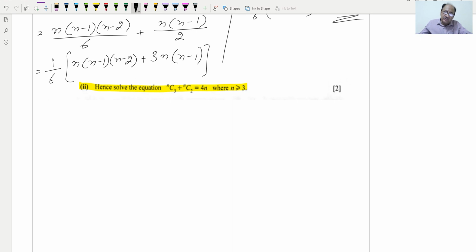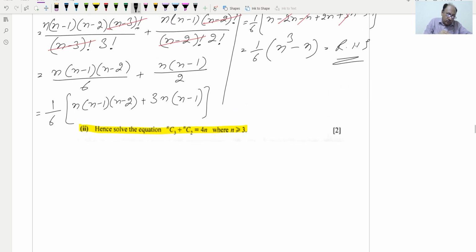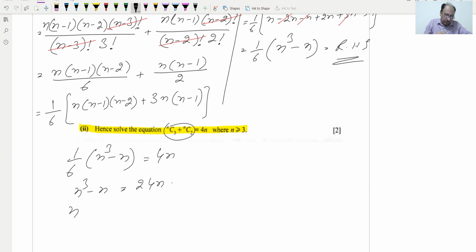Now the previous result we will be using, which is 1 over 6. This side is equal to 1 over 6 into n cubed minus n, and so we'll write it equal to 4n, cross multiply, so n cubed minus n will be equal to 24n, and we can shift to other side, so n cubed minus n minus 24n is equal to 0.